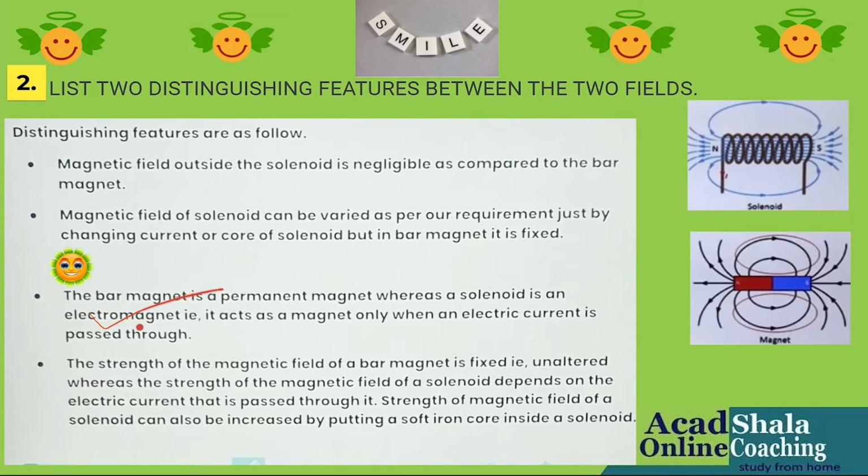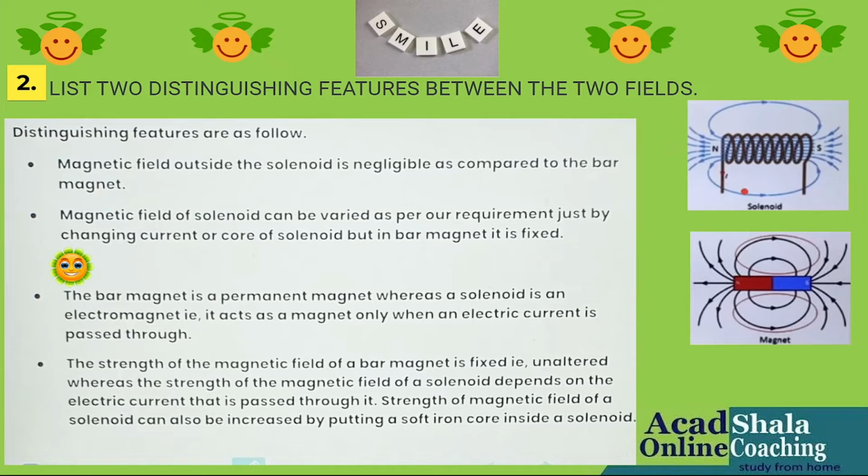The next point says the bar magnet is a permanent magnet, which I told you right now, whereas a solenoid is an electromagnet. That is, it acts as a magnet only when an electric current is passed through it. Then only it will show a change.